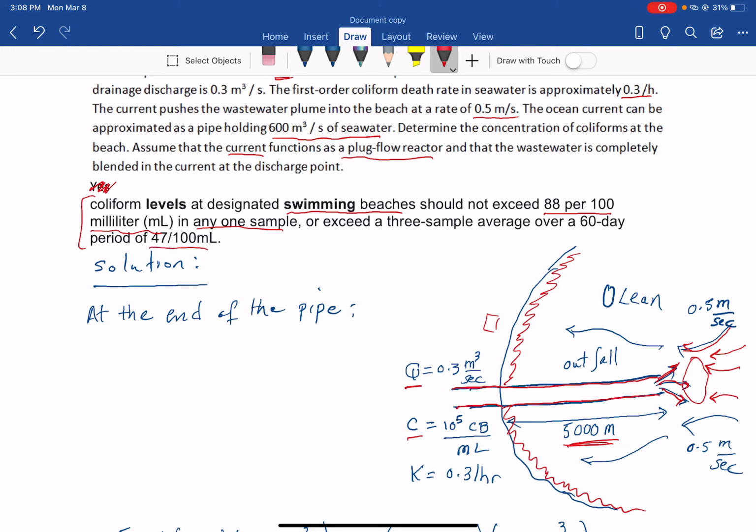So either you have one sample that should be 88 per 100 or lower to allow people to swim, or a 3-sample average over a 60-day period of 47 coliform per 100 ml.